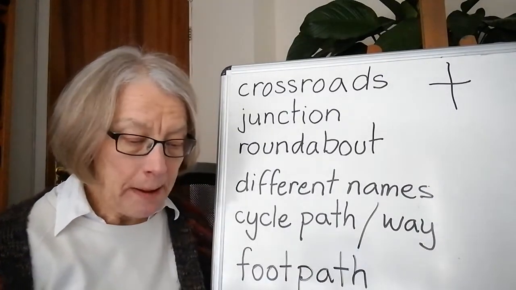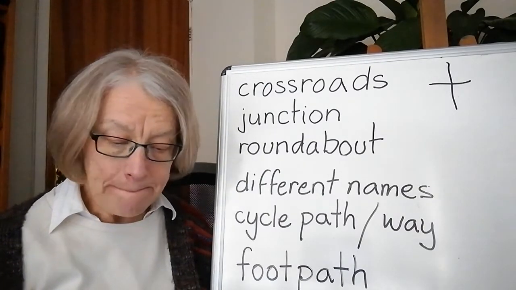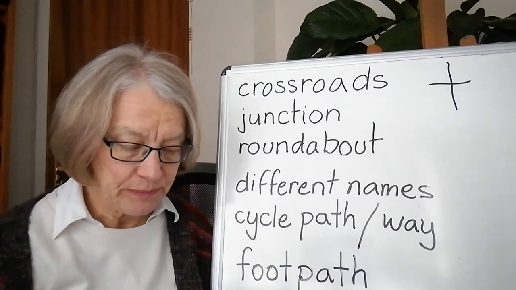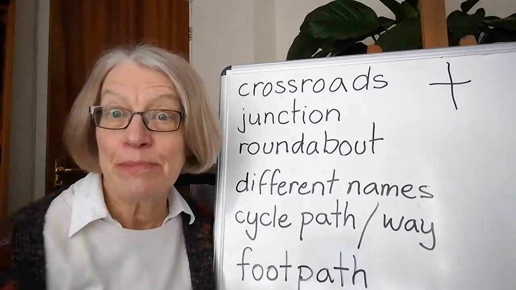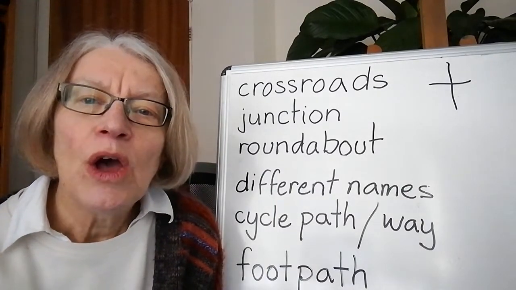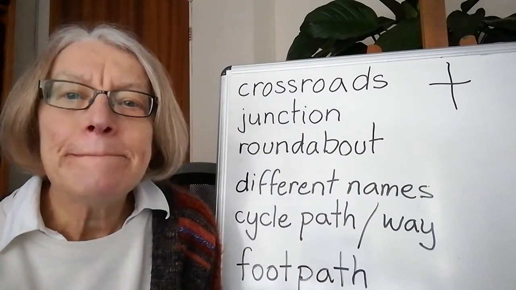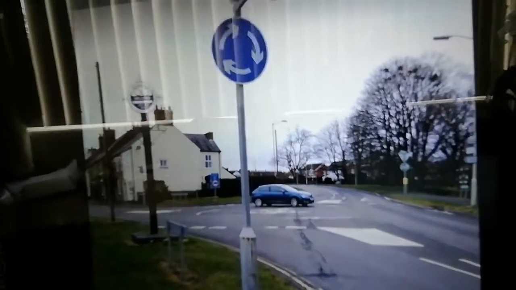If the road is a big road, you will get a big roundabout. But if it's a little road, like the pictures I've taken, you might also get something which is called a mini roundabout. And here's a picture of a mini roundabout.